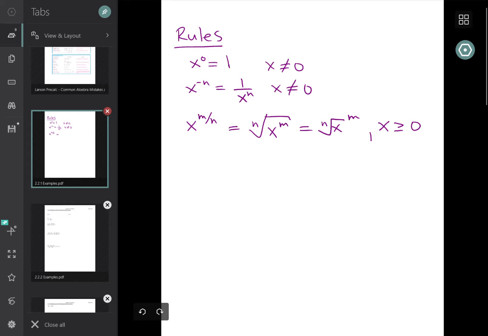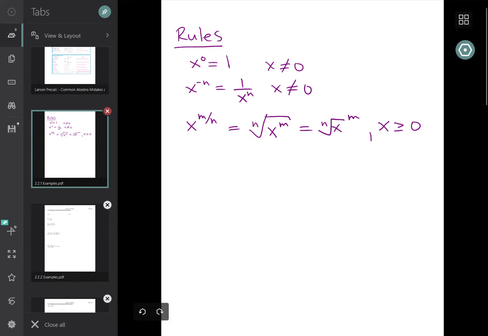That doesn't mean this rule fails when x is less than 0. It just means those rules are no longer all equivalent, and so sometimes it might fail. It depends on the combination of even and odd. You'll have a worksheet that walks you through that a little more.